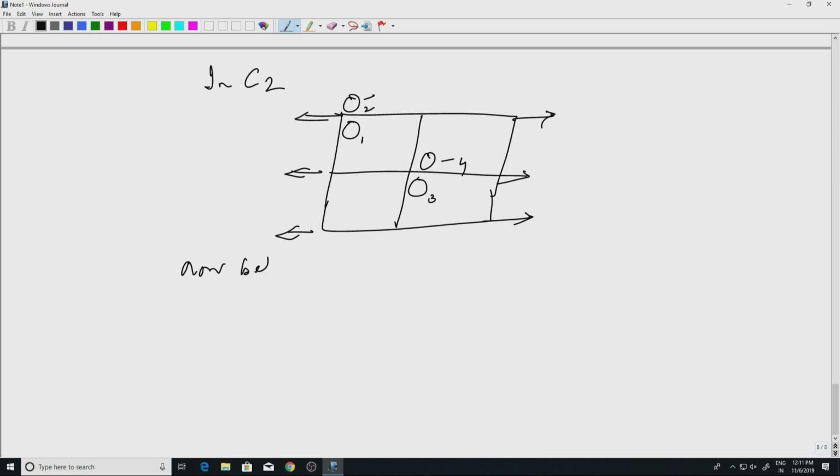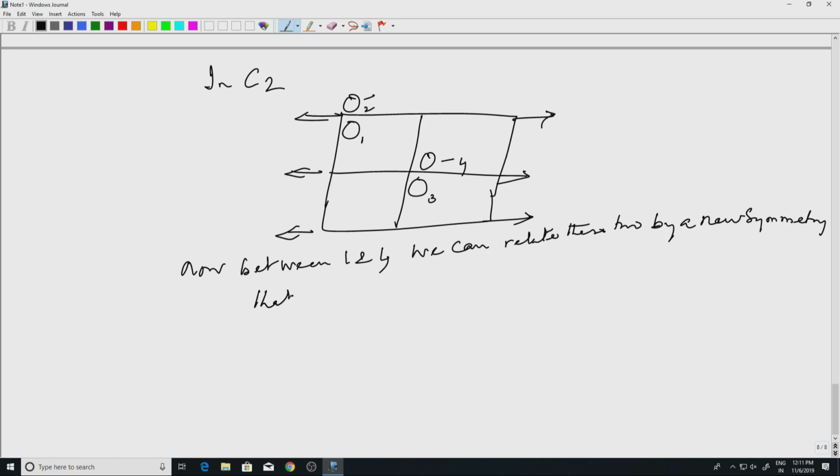Now between 1 and 4 we can relate these two by a new symmetry that gets generated by default.